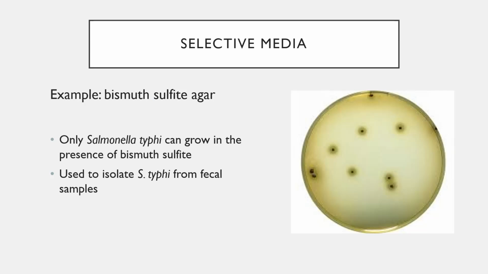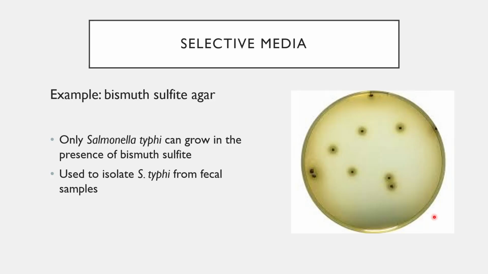An example of a type of selective media is bismuth sulfite agar. This is agar media that contains the additional ingredient of bismuth sulfite. Its utility in the clinic is that Salmonella typhi can grow in the presence of bismuth sulfite.